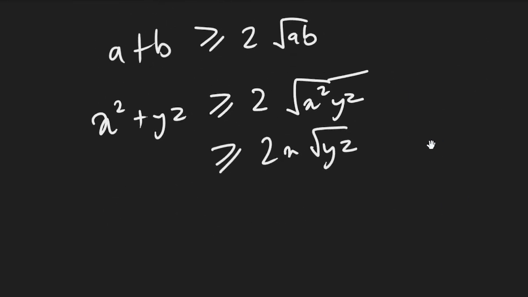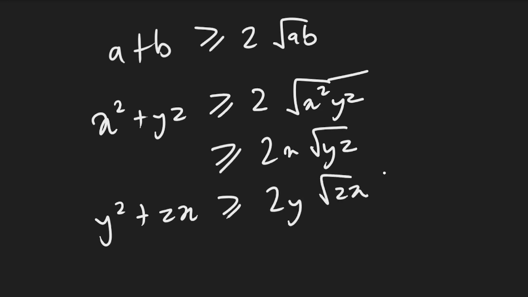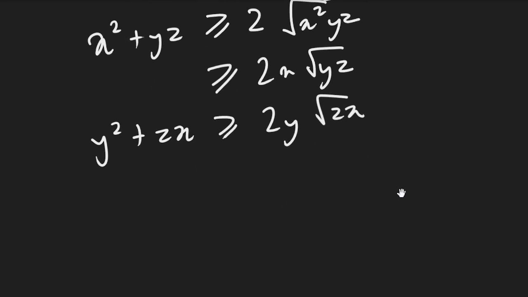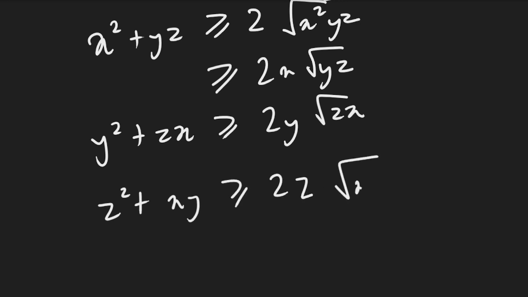Now let us continue. We can also do it like this: y squared plus zx is greater than or equal to 2y square root of zx. And the last one, z squared plus xy is greater than or equal to 2z square root of xy.